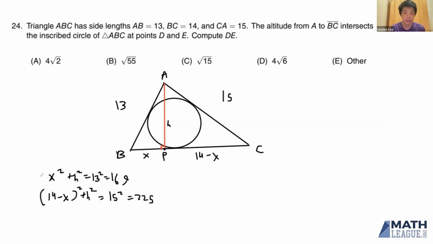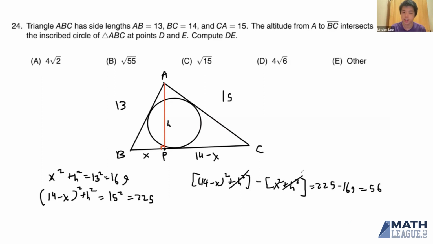Now I can subtract the first equation from the second equation. What I end up with is 14 minus x squared plus h squared, minus x squared plus h squared, is equal to 225 minus 169, which is equal to 56. You can cancel out the plus h squared and minus h squared, and you're left with 14 minus x squared minus x squared.